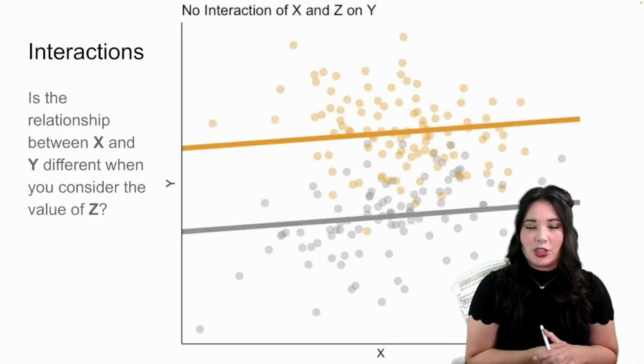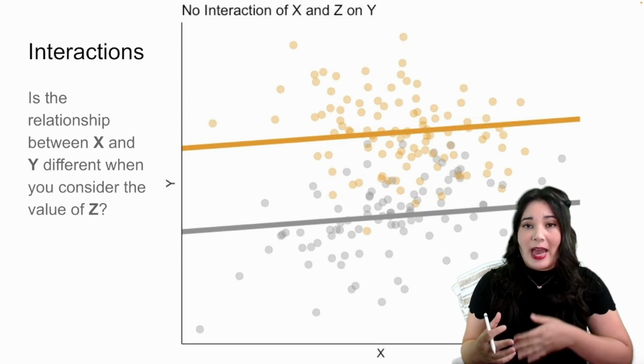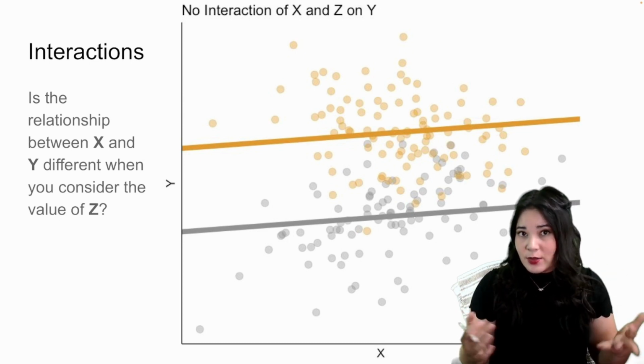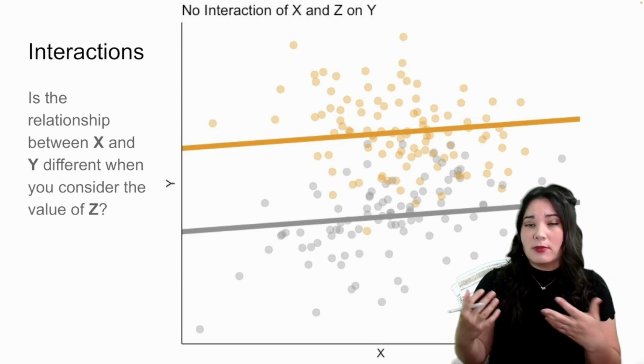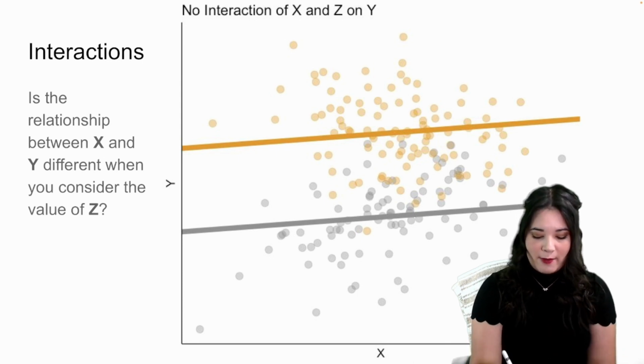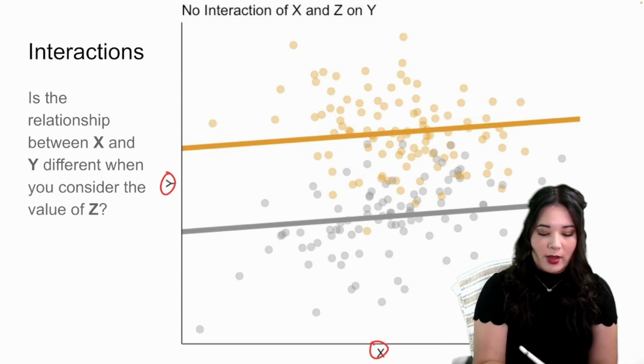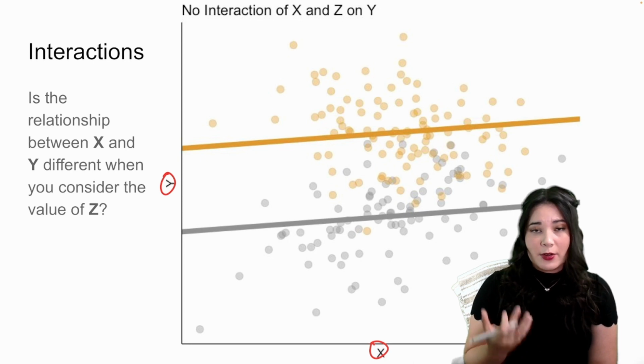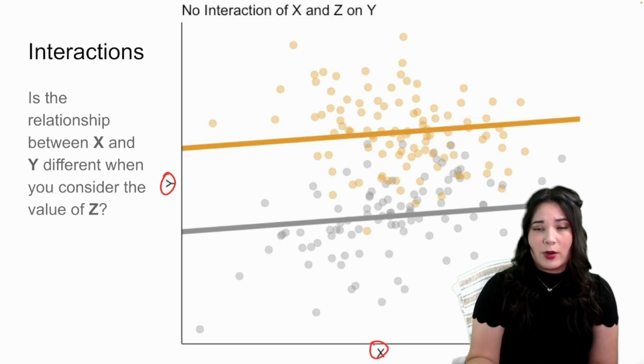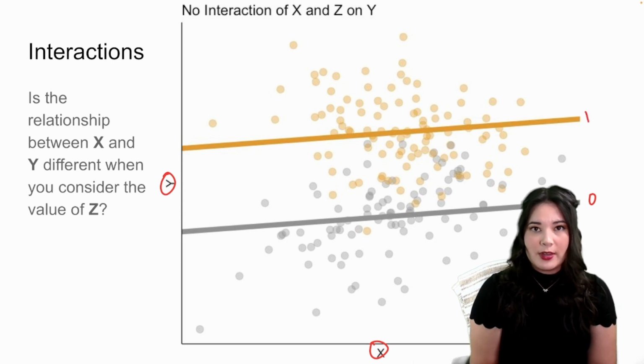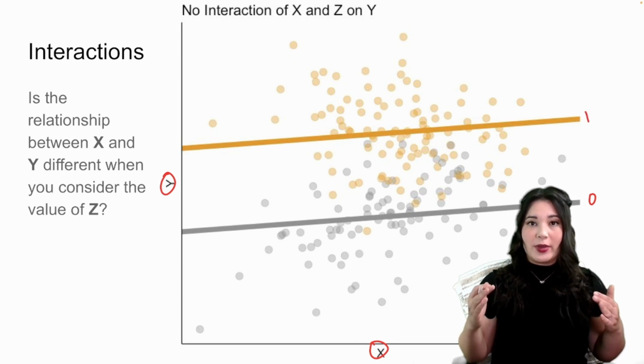Interactions answer the question, is the relationship between x and y different when we consider a third variable, z? For instance, here we have a predictor x and an outcome y, and we have another categorical variable z, where one category of z is shown here and the other is shown here. Here we have no interaction.